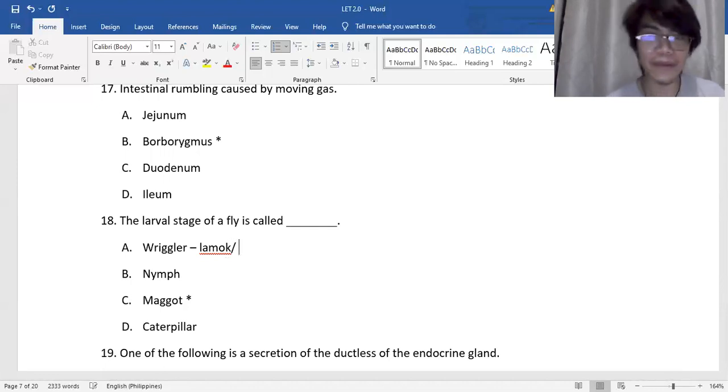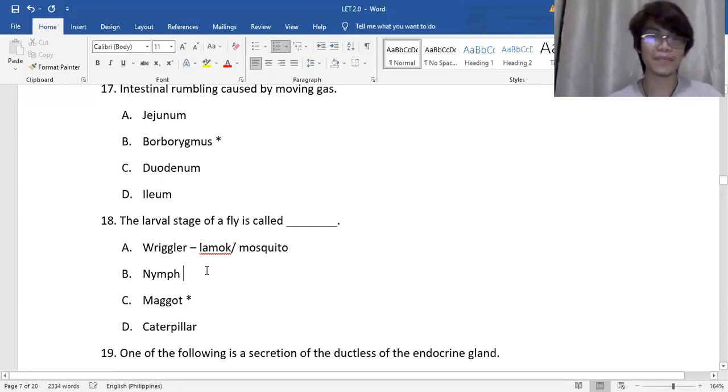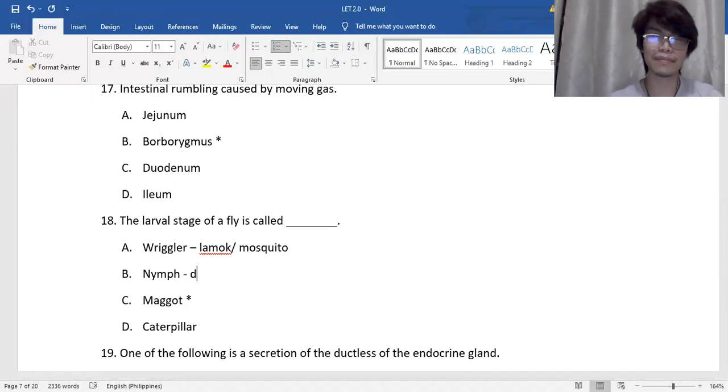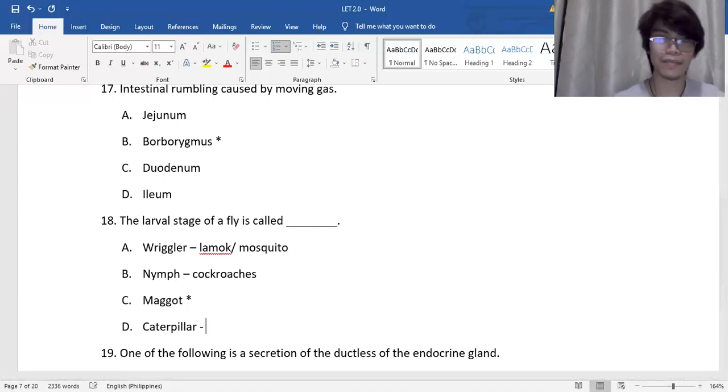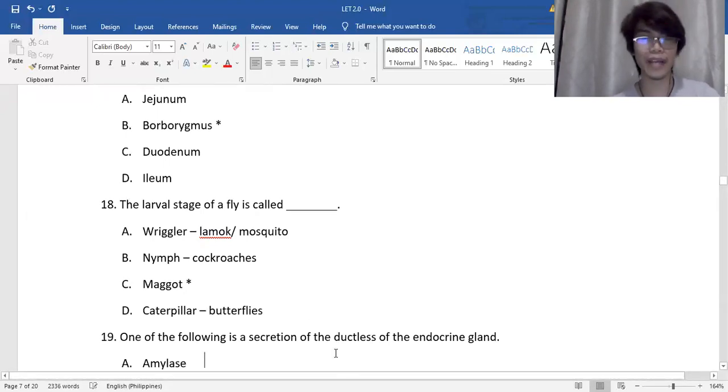Nymph, these are, let's say, dragonflies, cockroaches. Cockroaches and caterpillar, these are what? Butterflies.